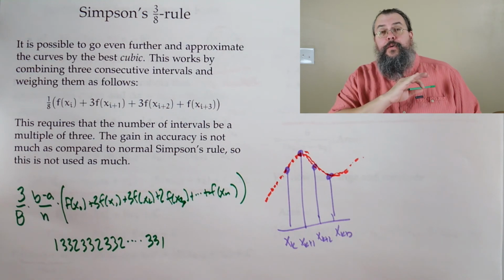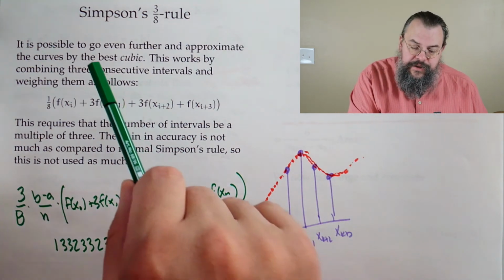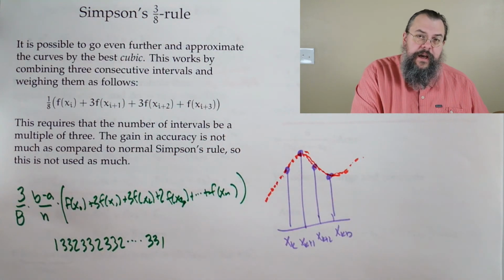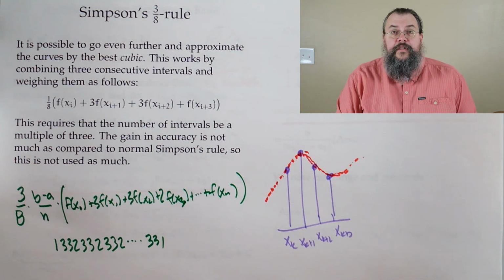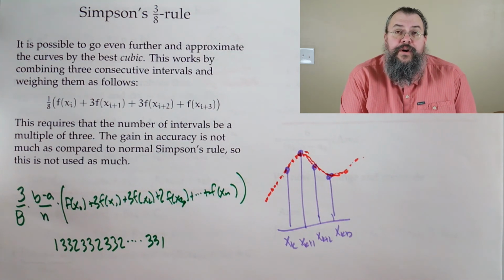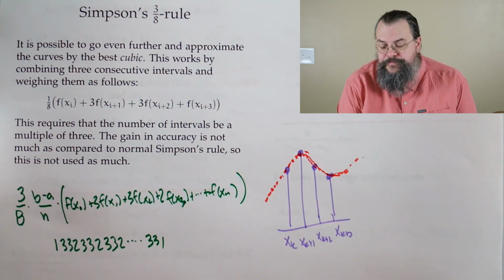Now, we're going to stop at just normal Simpson's rule. We're not going to use the Simpson's 3/8 rule. I'm just saying that it exists. And you can use better and better approximations. But at some point, there's going to be a trade-off, because you can do something called overfitting.